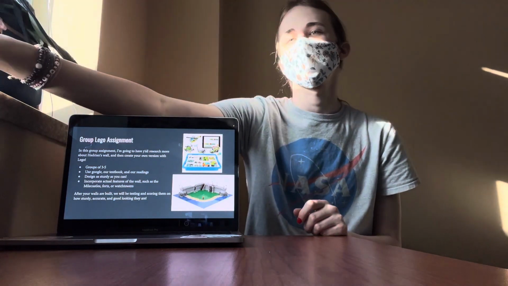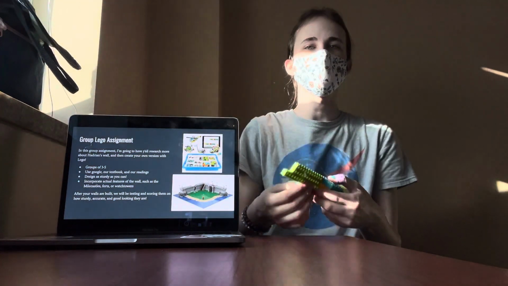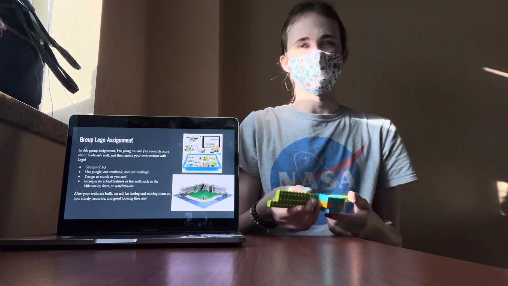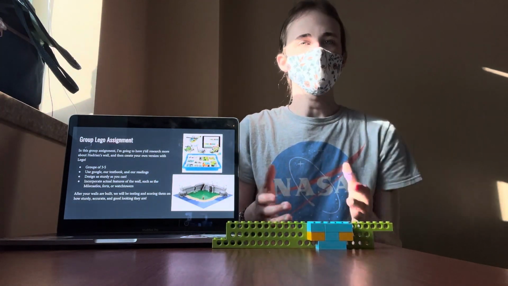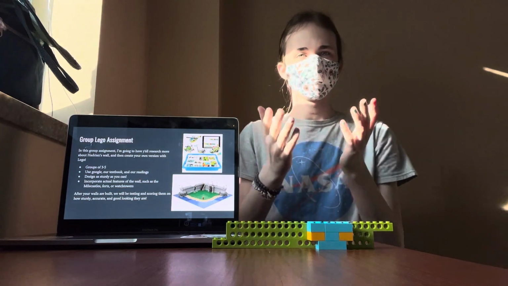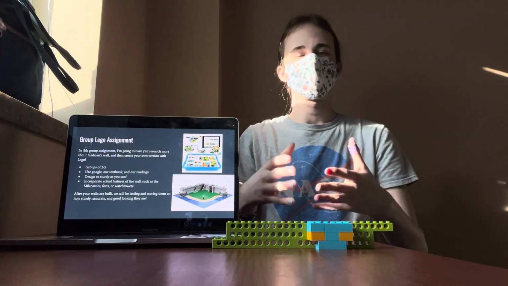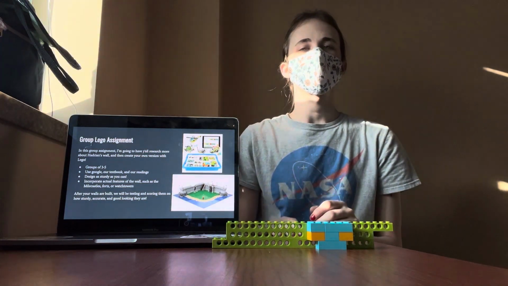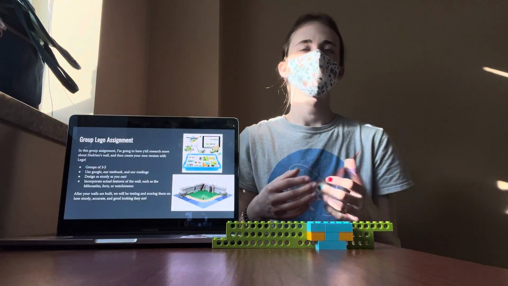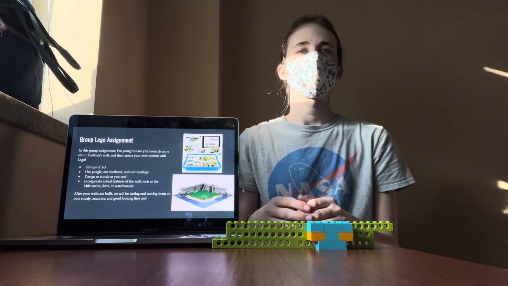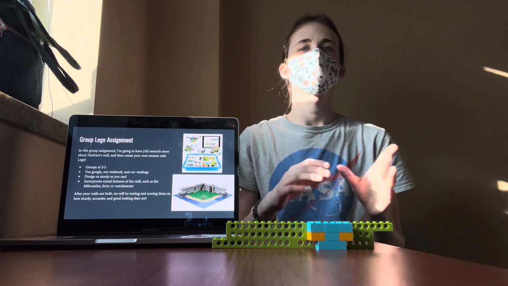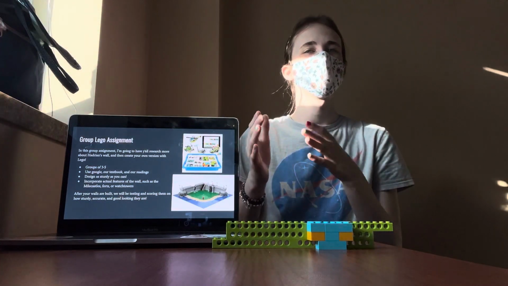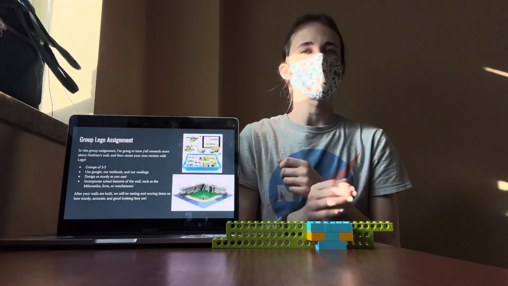I have a very small and much more quickly built example in front of me, but I would hope for them to make much larger ones. I'm going to give them 20 to 25 minutes in class to do this before we test them, and I would encourage them to make it look as much like the real Hadrian's Wall as they can.